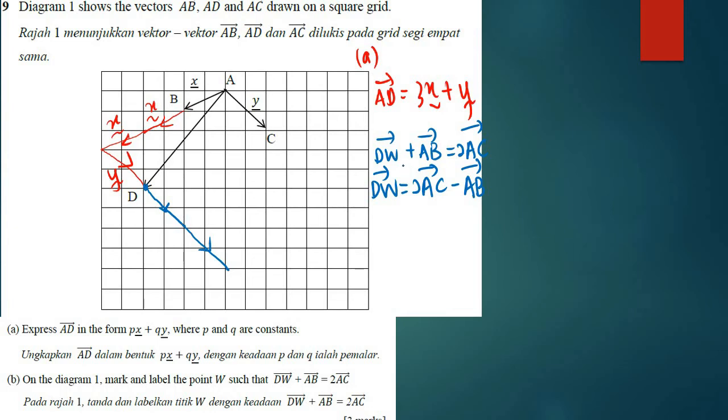Negative in vector means different direction. If you observe, AB is in this direction, so if negative, we have to draw in a different direction, right? So here will be W. Clear? This will be W.